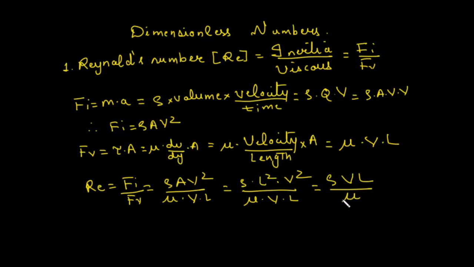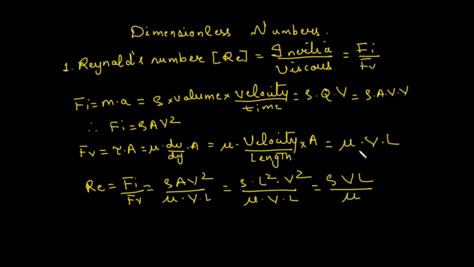So this is the expression for Reynolds number, where rho is the mass density of the fluid, V is the average velocity of the fluid, L is the characteristic length of the problem, and mu is the dynamic viscosity of the fluid. So that is the expression for Reynolds number.